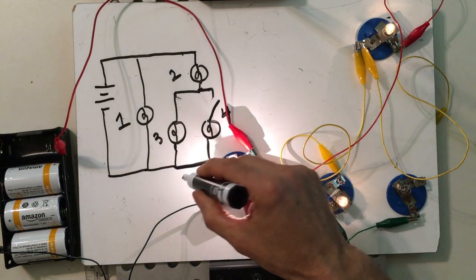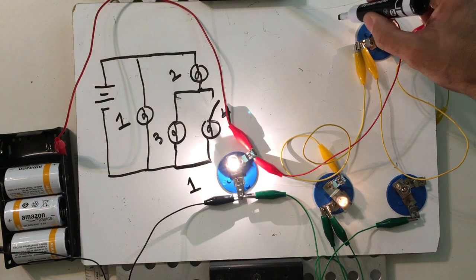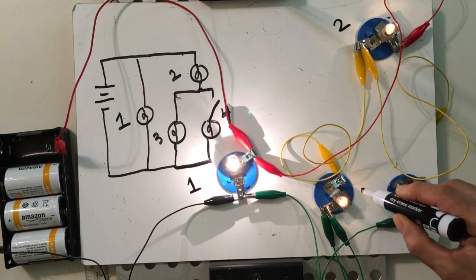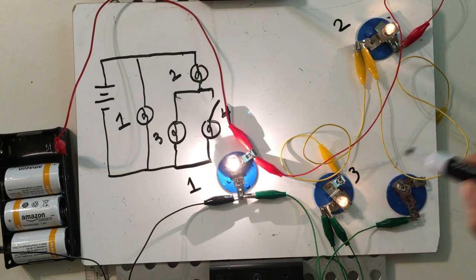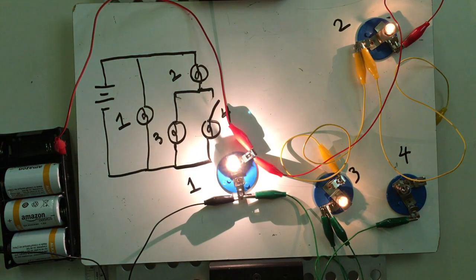Okay, so this is bulb 1. It's the brightest. This is bulb 2, and this is bulb 3. Notice that 2 and 3 look pretty much identical. 4 is not lit. I'll turn the lights out so we can see what happens a little better in the next part.